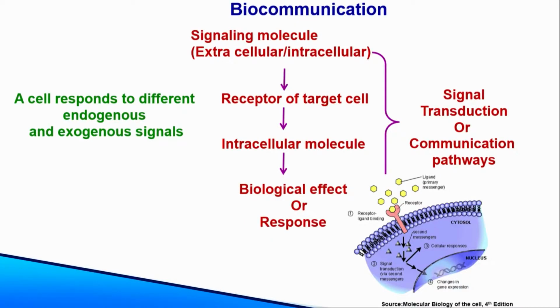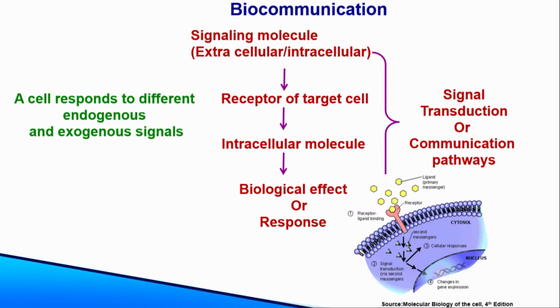This response may be a change in the shape of a cell, or the secretion of some enzymes or the pheromones that are required for reproduction. So, this is a coordinated behavior, in fact, wherein the exogenous signals are followed by the endogenous signals, and then a biological response is triggered.